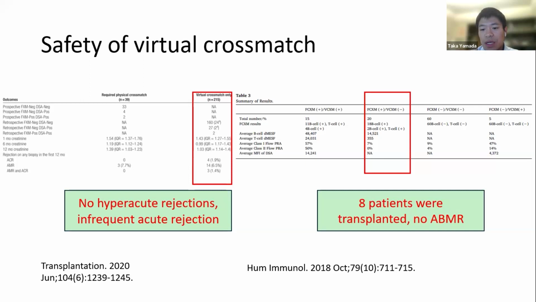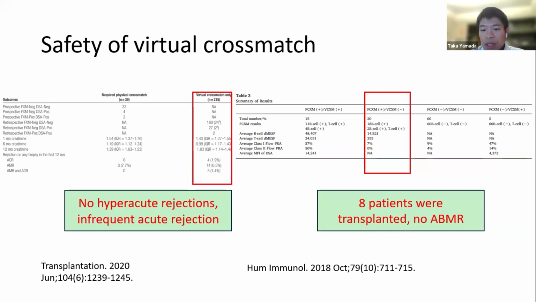They followed 254 kidneys implanted between December 2014 and October 2017, and about 84%, 215, were transplanted without a pre-transplant physical crossmatch.